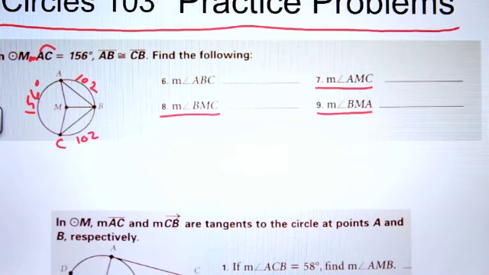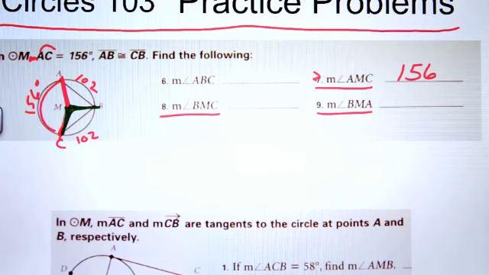So when I look at number 7 here, angle AMC, I have to look at the arc that's inside it. That's this one here. It's going to be 156 degrees. The measure of angle BMC, number 8, BMC is this one right here.